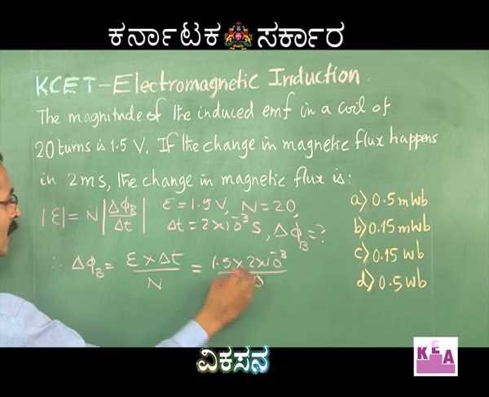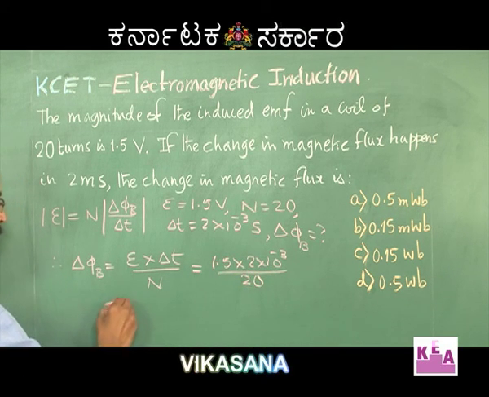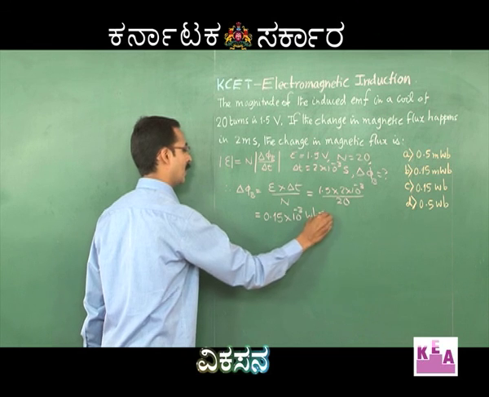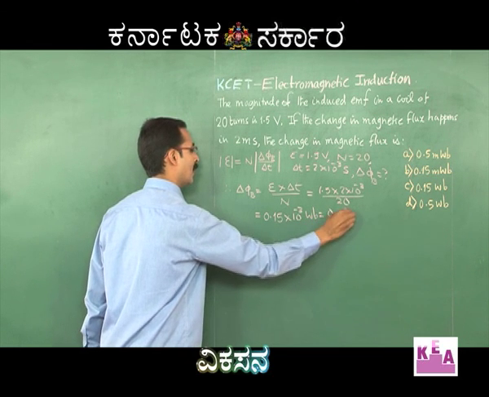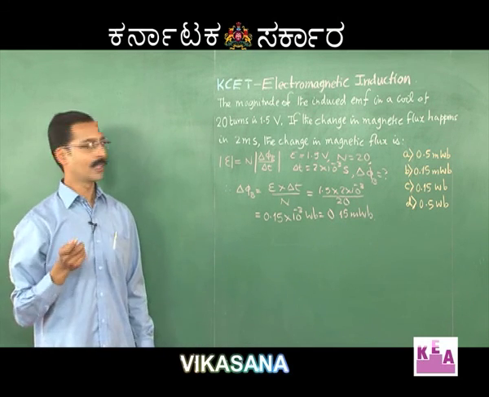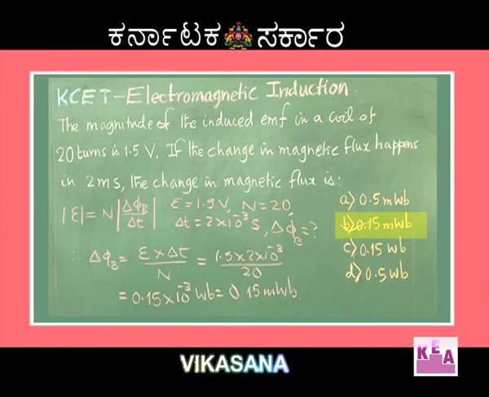This goes 10 times. Therefore, 1.5 divided by 10, which is 0.15 into 10 power minus 3 Weber, which is equal to 0.15 milliweber. Therefore, the answer is B, 0.15 milliwebers.